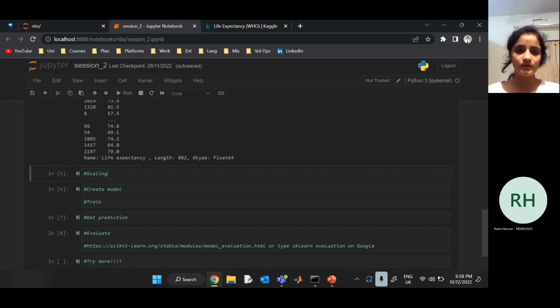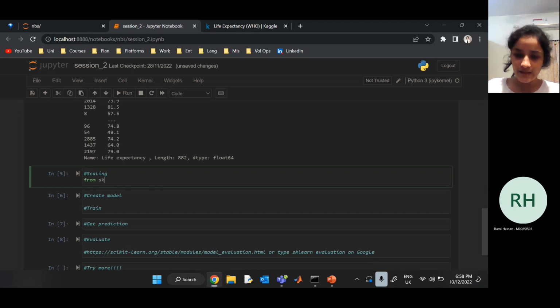Now we don't have to hard code this. We're obviously going to import another method that just does the job for us, okay? So from sklearn.preprocessing import StandardScaler.